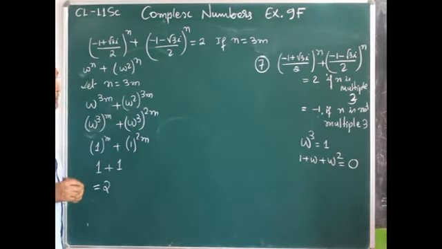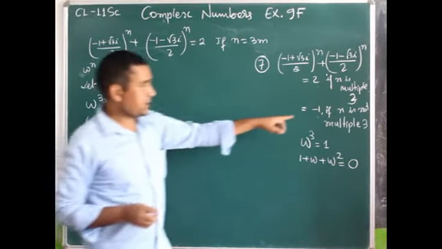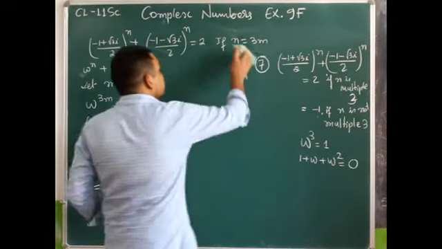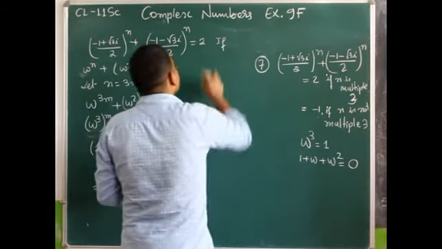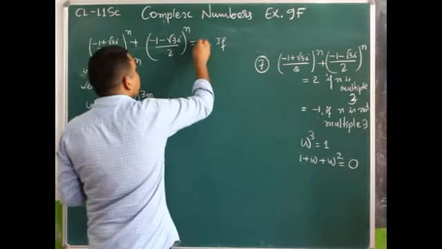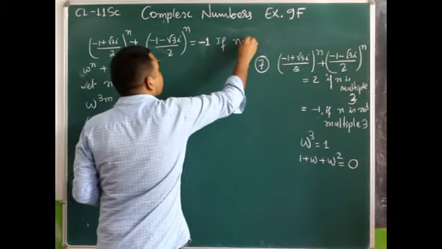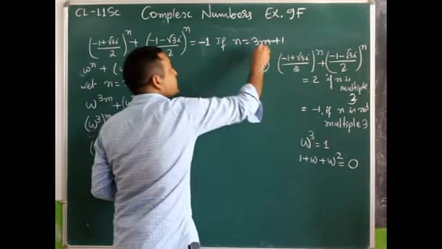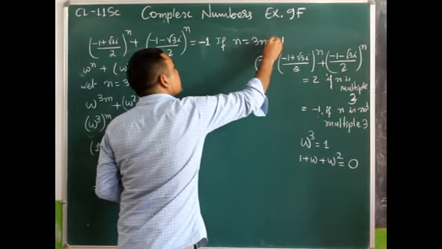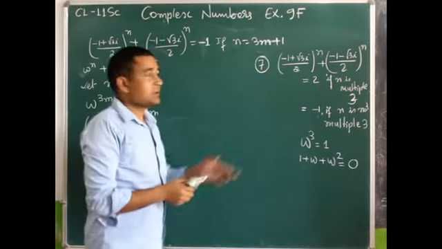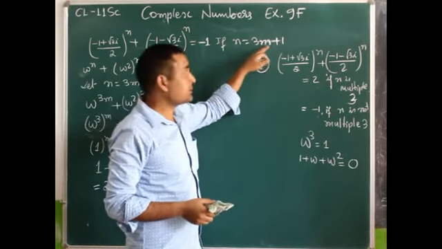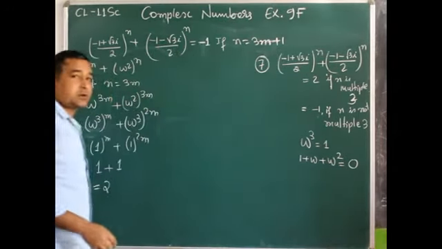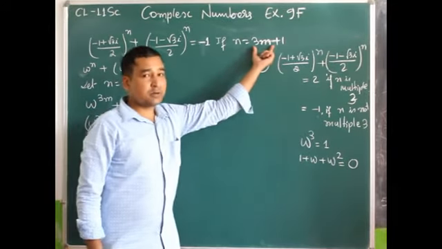Okay, now the second part. It is equal to minus 1 if n is other than a multiple of 3. That means n is 3m plus 1. That means it is other than a multiple of 3. 3m is a multiple of 3, but due to this 1, the whole term is not a multiple of 3.